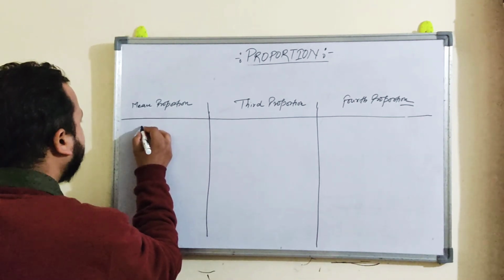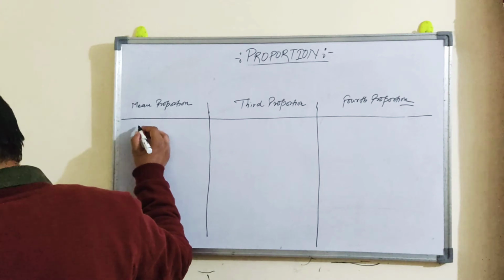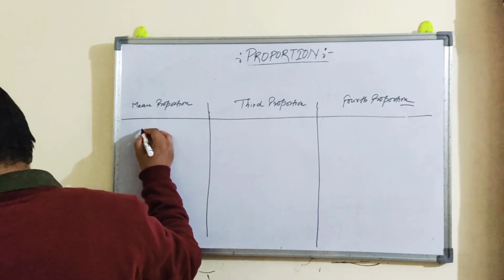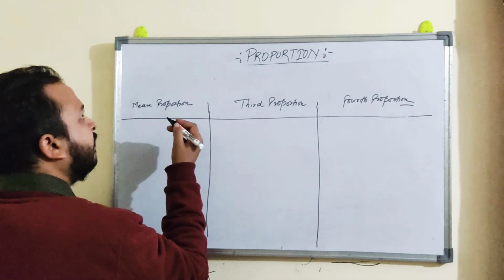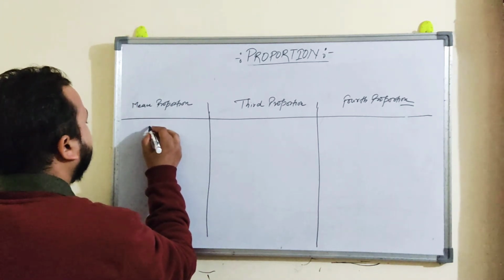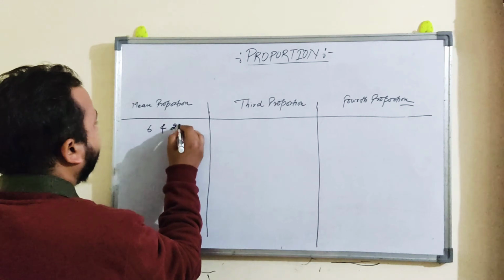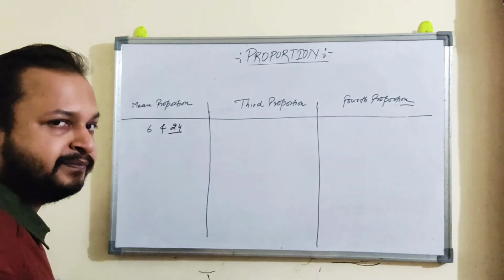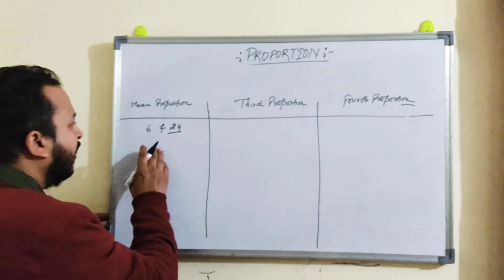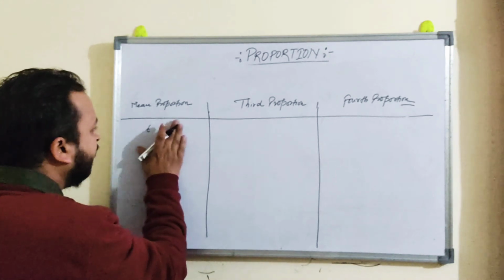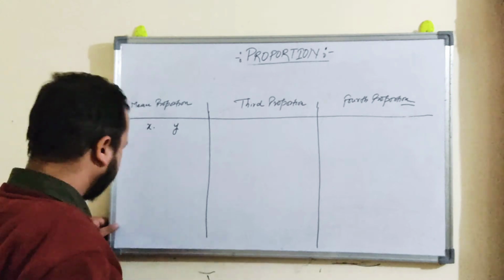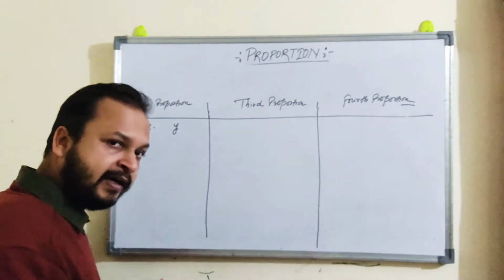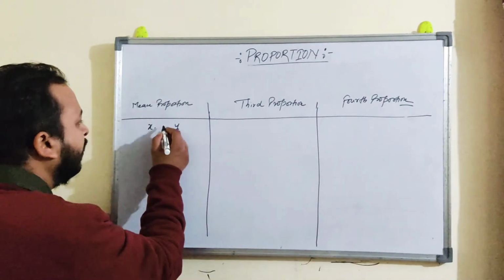So suppose they say that you have to find the mean proportion of 6 and 24, if they are given. This is the example. We'll take further: suppose x and y are given, and you have to find the mean proportion.